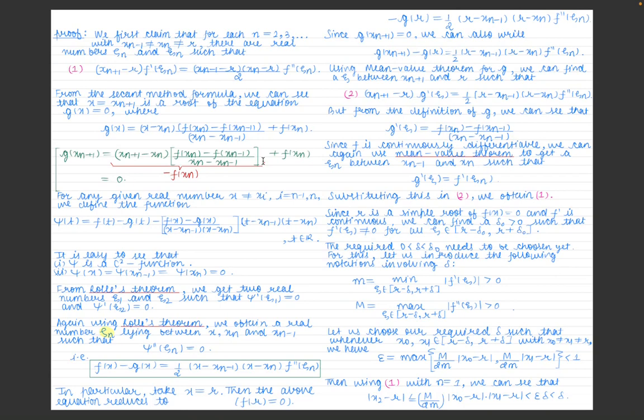Now if you look closely, and here you have f of xn, this value from the secant method is precisely minus f of xn, right? So hence this is 0. Now this being verified, let us move ahead.